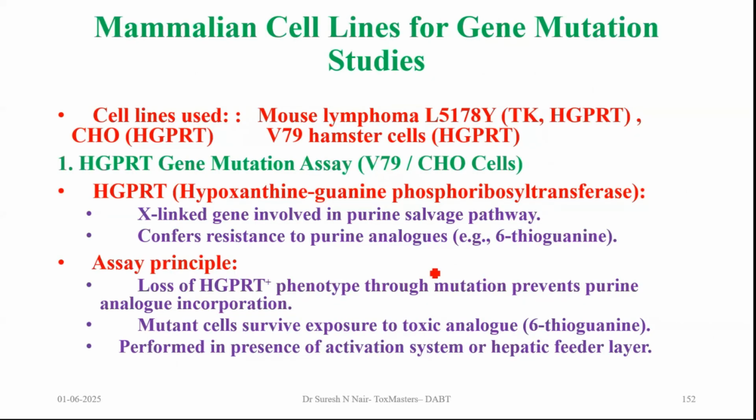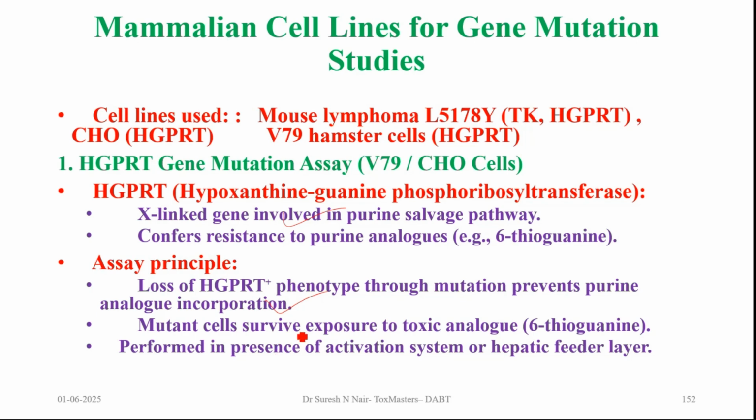Then the mammalian cells that we already studied, the mouse lymphoma cells, HGPRT, CHO cells. This is one principle, a test that we do for the HGPRT test. In the assay, the loss of HGPRT phenotype through the mutation prevents the purine analog incorporation, and the mutant cells will survive exposure to the toxic analogs.